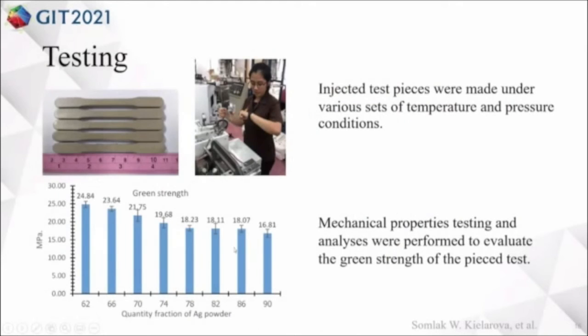And here we show you the powder is formed in this shape, the test pieces made by various sets of temperature and pressure conditions. And we use them in testing mechanical properties and analyze them. We perform tests to evaluate the green strength of the test pieces. And the result is shown on the screen in the form of a bar chart.